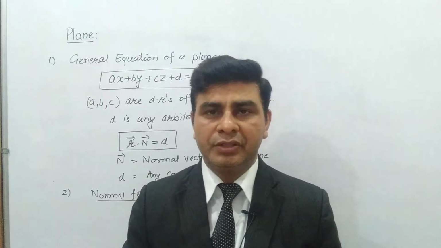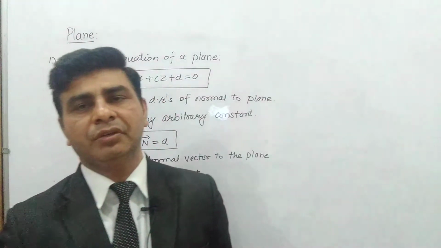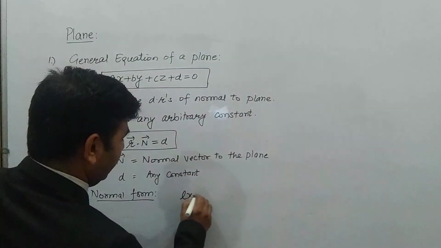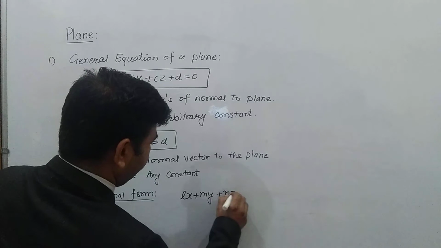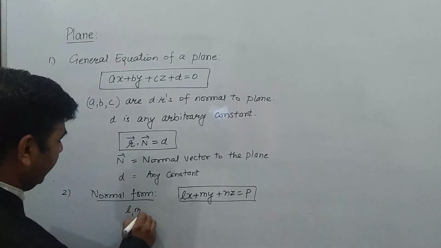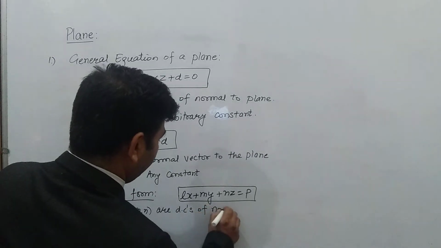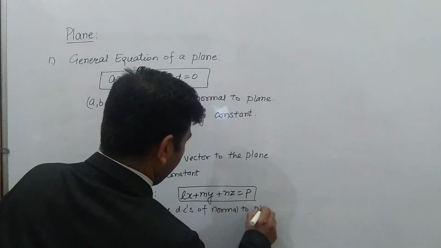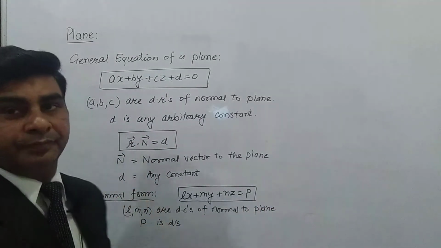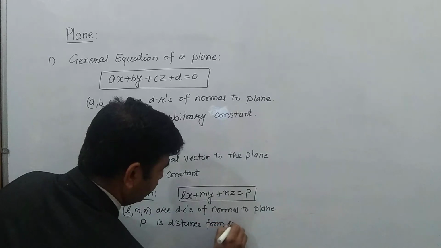When the distance of the plane from the origin is given to you and the direction cosines of the normal are given to you, then the equation of the plane in normal form is given by lx plus my plus nz is equal to p, where l, m, n are the direction cosines of the normal to the plane, and p is the distance from the origin.